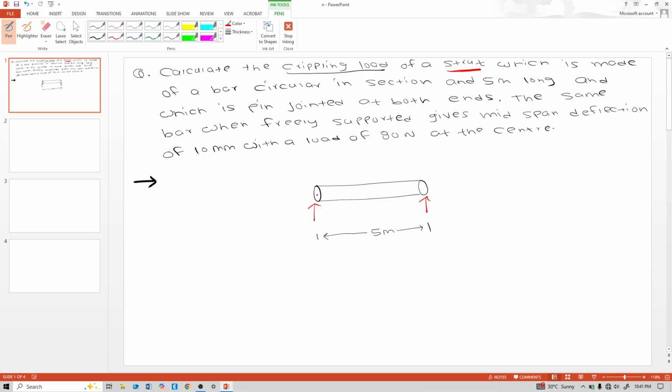And see, midspan deflection 10 mm with a load of 80 Newton at its center. So here it is 80 Newton load at its center.